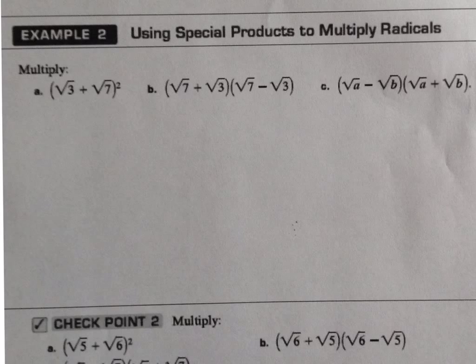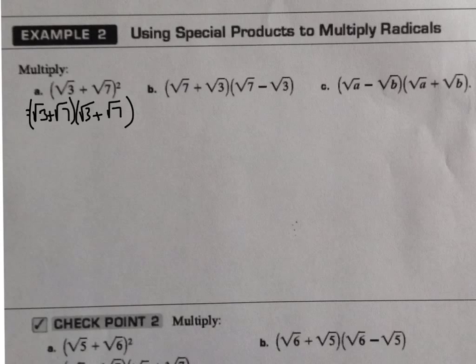You just need to know that the square root of 3 plus the square root of 7, squared, means you've got the square root of 3 plus the square root of 7 times itself. So the square root of 3 plus the square root of 7, another one. If you know that, then you can FOIL.